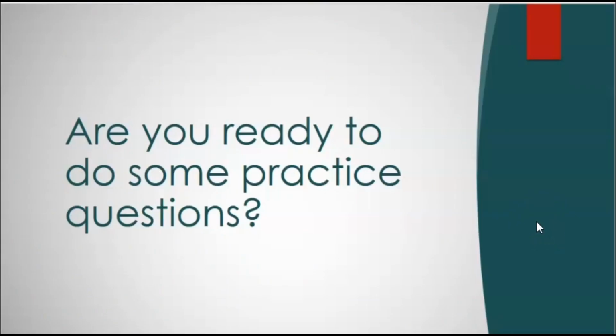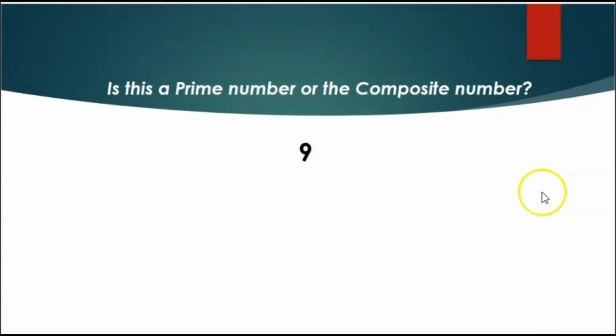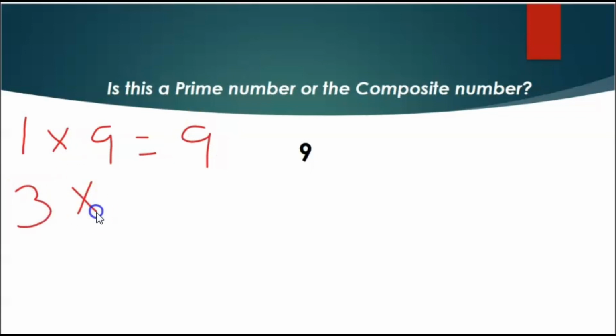Alright, are you ready to do some practice questions? Let's do it. So guys, what do you think? Is 9 a prime number or a composite number? 9 is a composite number because it has more than two factors. Let's take a look at how. 1 times 9 equals 9. 3 times 3 equals 9.